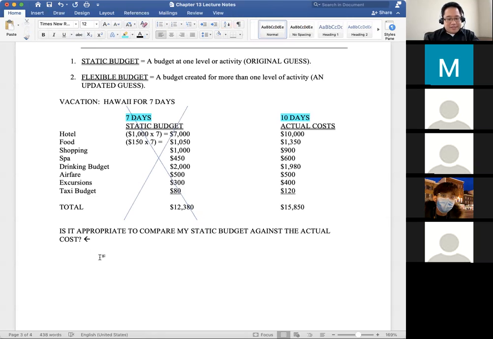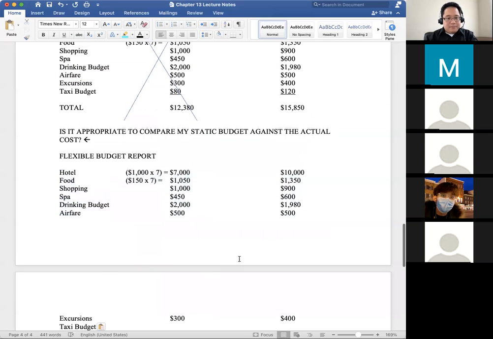So let's create a flexible budget report. That means I'm going to take all of these costs. Okay, so let me delete them and we'll update these costs.